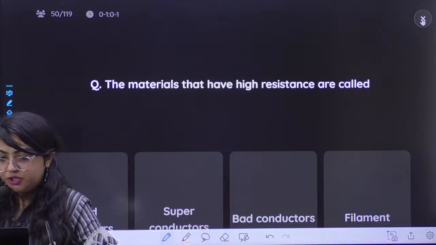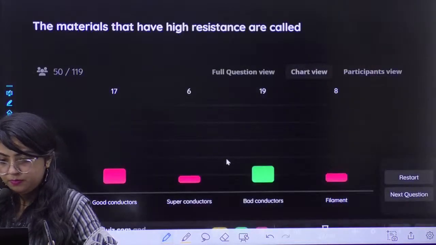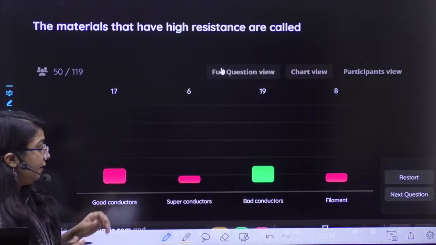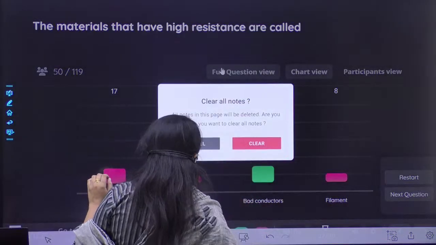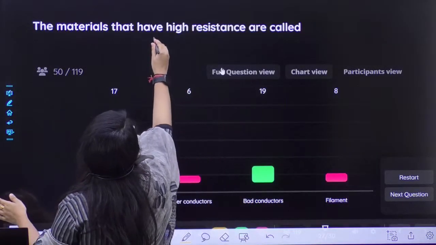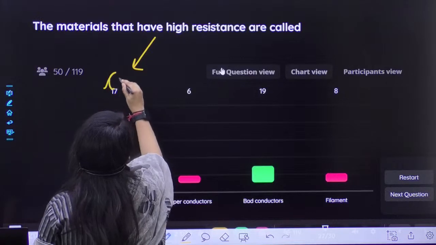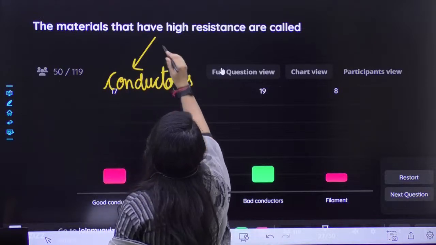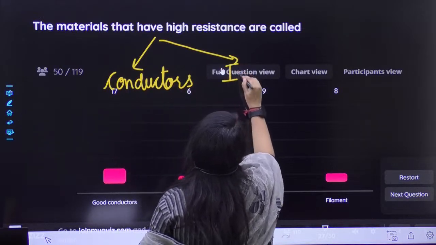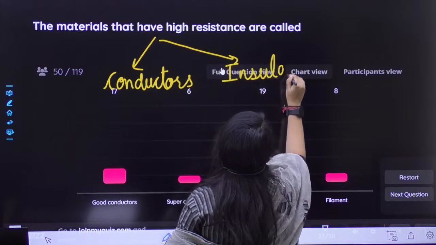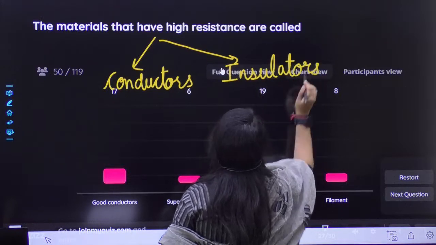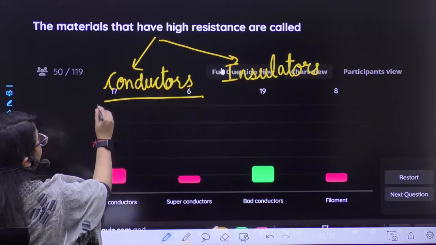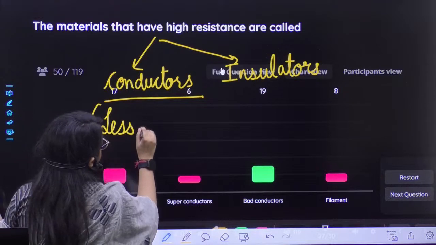Let's check its correct option now. The correct option for this question is bad conductors. We know that we have classified materials into 2 categories. The first one is conductors and the second one is insulators. So the conductors are the materials which allow electricity to pass through them and have very less resistance.